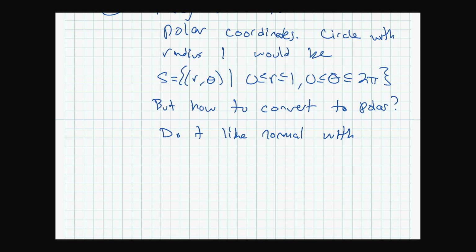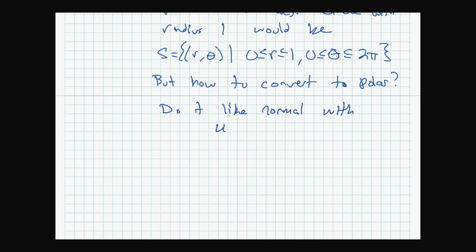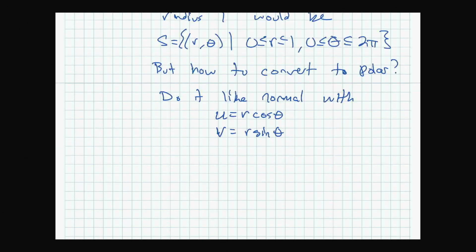So instead of x equals r cosine theta, you'll do u equals r cosine theta. And instead of y equals r sine theta, v will be r sine theta. Okay, and then the dA, you even got to do the dA. You actually have to do that again.